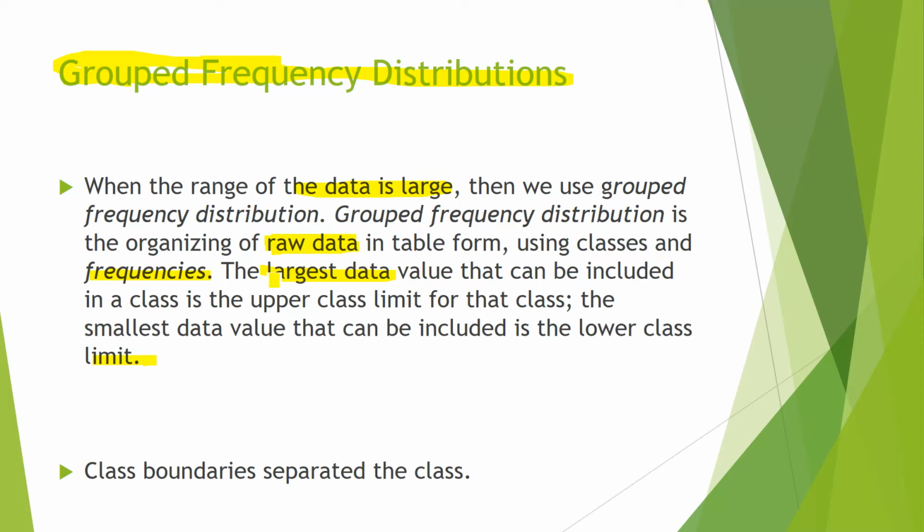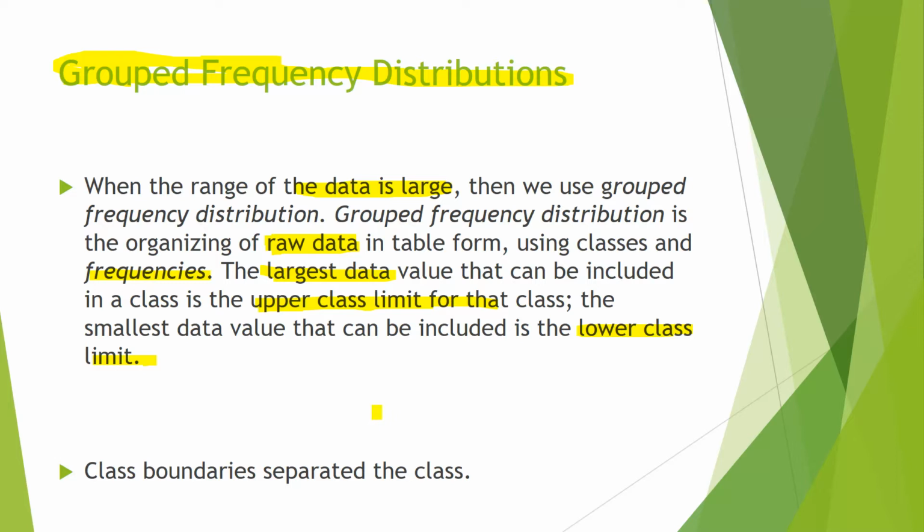So 15 is the largest data value that can be included in the class, the upper class limit, and 10 is the smallest data value, the lower class limit. I will explain these in the next few slides with the help of examples.